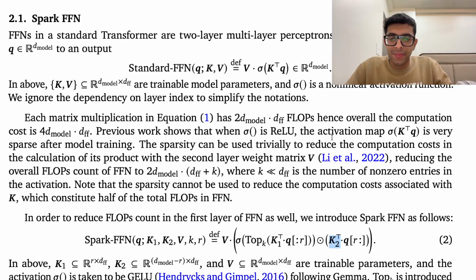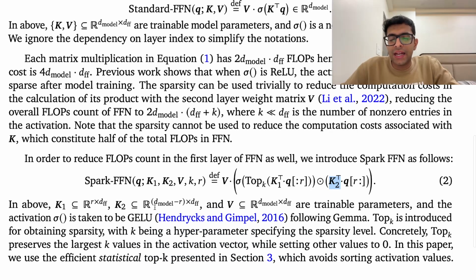We are simply splitting it on the basis of a random metric R, and we can see that over here as well. Firstly, we have R into DFF, and the second half is D model minus R. So we can see it over here using the slicing index as well. We are just splitting it into two parts. So this is one of the major things that you have to take care of.